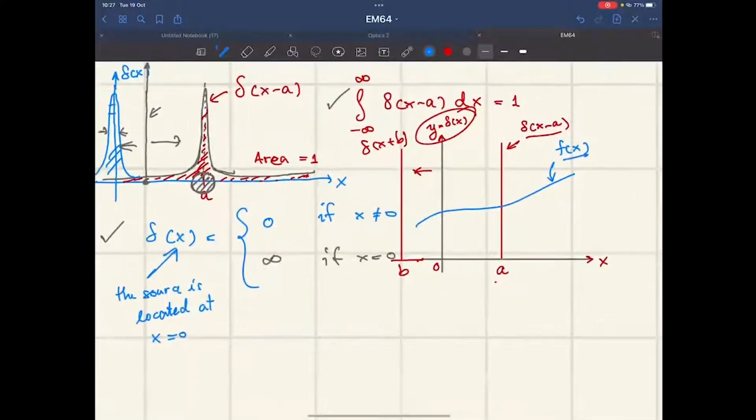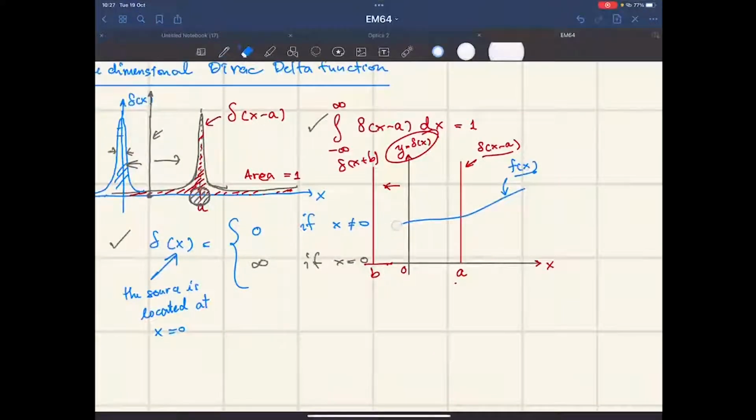Let me re-explain the whole thing again. Before I draw this f(x), I just told you that this Dirac delta function can move around. When you move this Dirac delta function, it means that you move your source of an electric field, source of a gravitational field, anything.